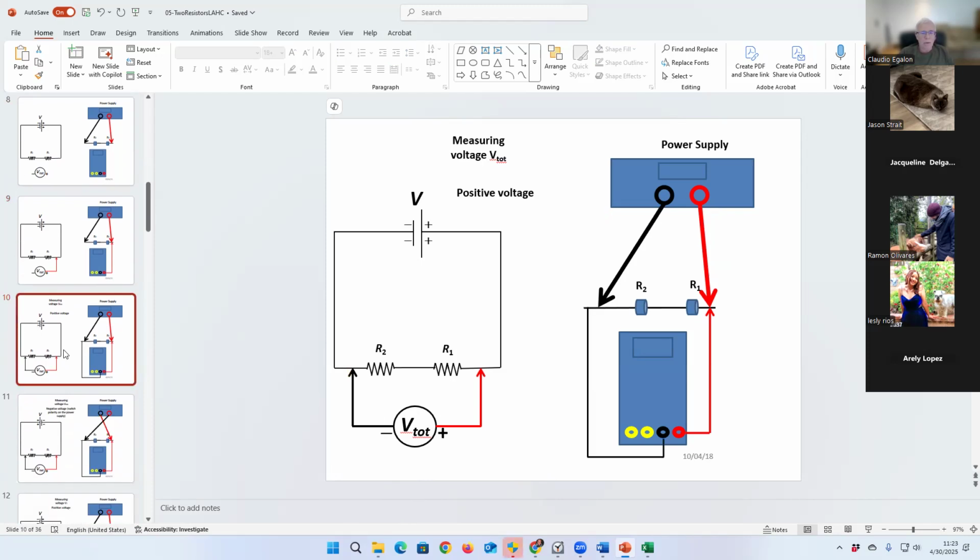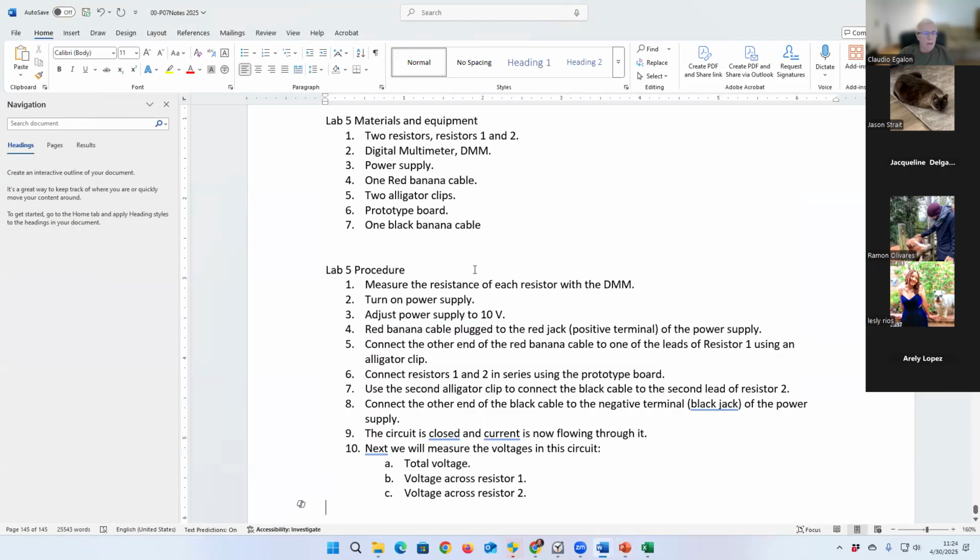So it's going to be a total of 2 red cables and 2 black cables for now. I'm going to put 2 red banana cables, 2 black banana cables. Okay, total voltage.